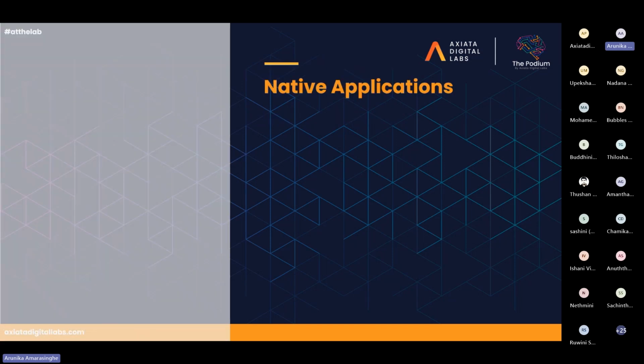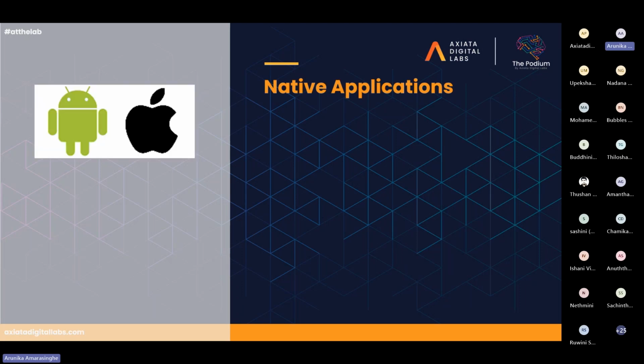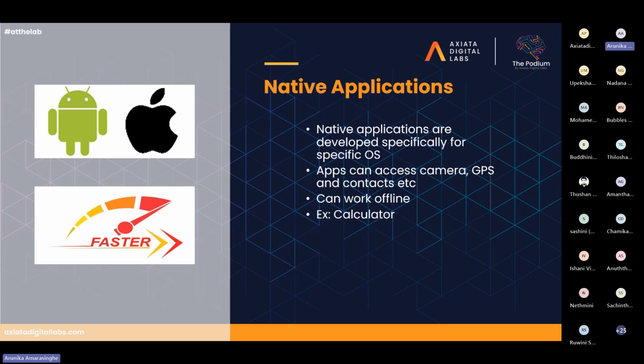So what is a native application? Native applications are based on your operating system. You can have one application for Android, and you cannot install the same application on iOS. On the other hand, native applications can access features of your mobile phone, for example the camera. They can also work offline, which means you don't need an internet connection to access a native application.